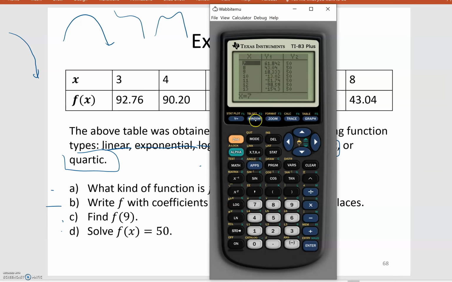So we can just do maybe 0 to 10. So now we'll do the calc intersect procedure. And we get f of x equals 50 when x equals 7.66.